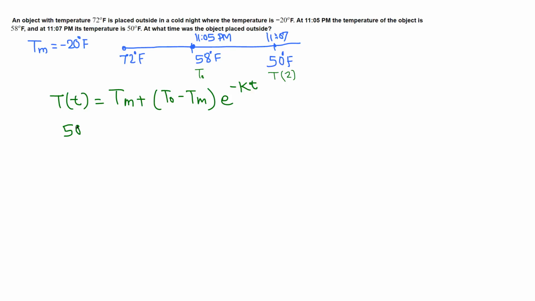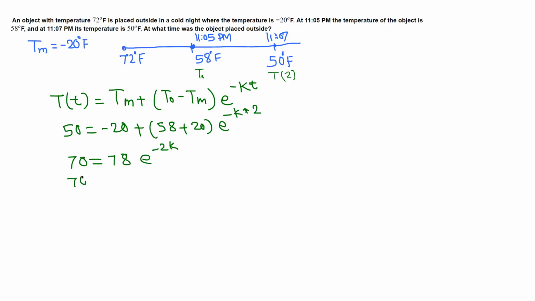The temperature of the medium outside is negative 20, plus T naught, which I'm assuming is 58, minus the medium temperature negative 20, so negative minus negative means plus 20, times e raised to negative k times 2. So 50 plus 20, 70, equals 58 plus 20, 78, times e raised to negative 2k. Divide by 78: 70 over 78 equals e raised to negative 2k.